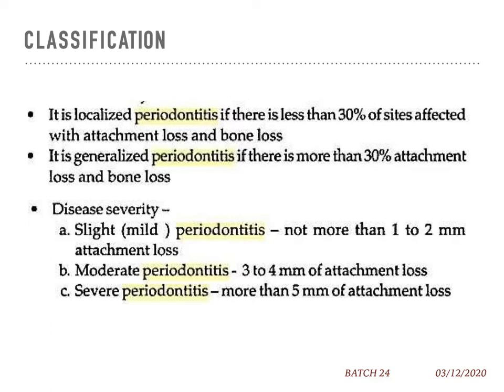Whenever the junctional epithelium moves apical to the CEJ, then it is attachment loss. Either it may be because of pocket or because of recession or a combination of both. Anyway, whenever there is a movement of junctional epithelium apical from the cementoenamel junction, it is attachment loss.